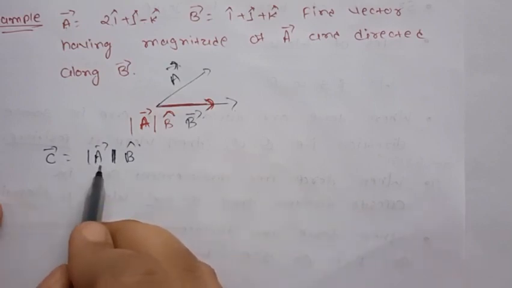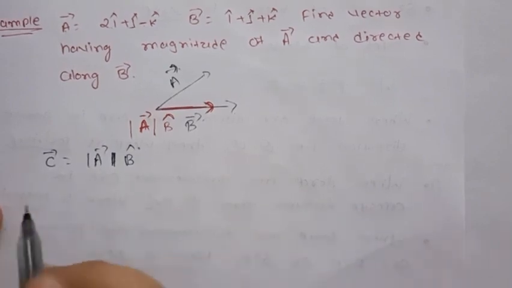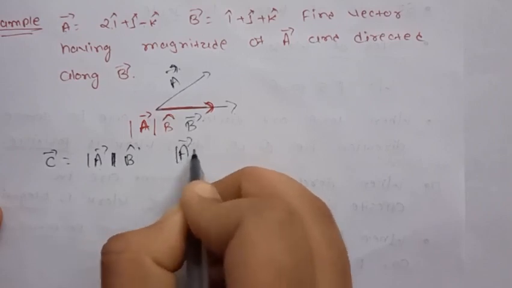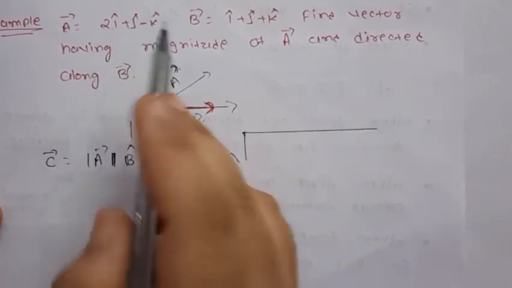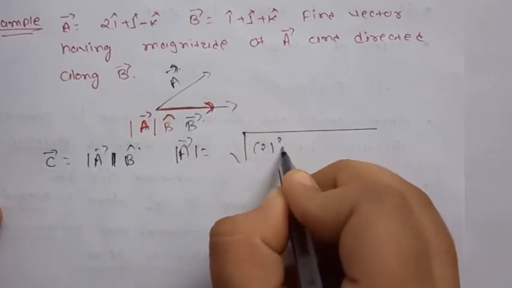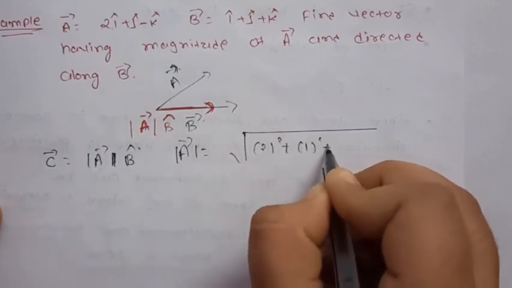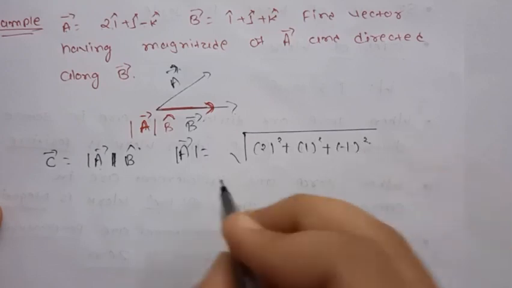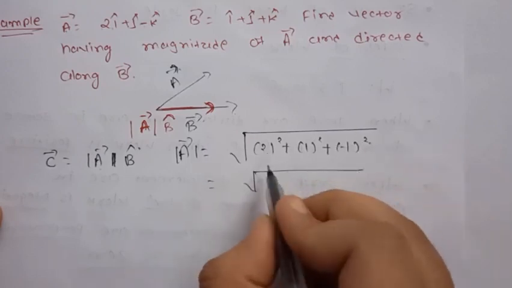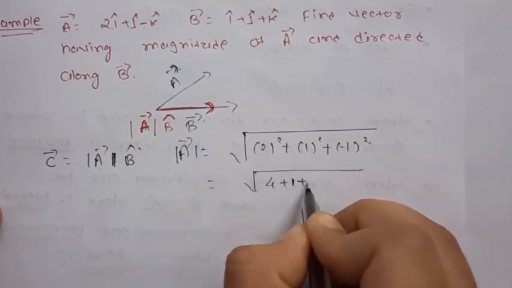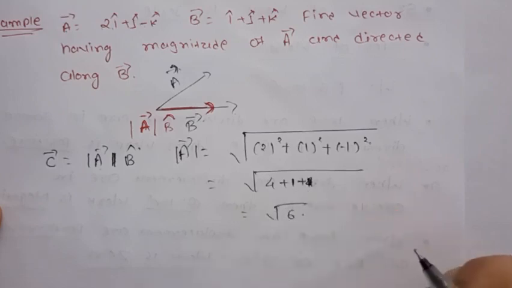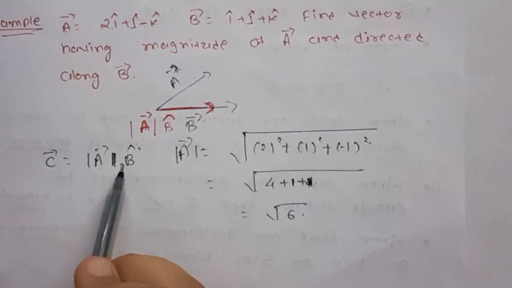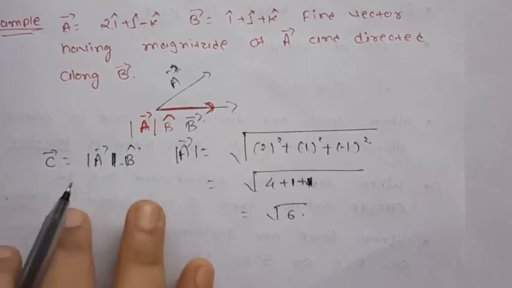First of all, let us find the magnitude of A. Magnitude of A will be under root 2 square plus 1 square plus minus 1 square. That will be equal to 4 plus 1 plus 1. So root 6.